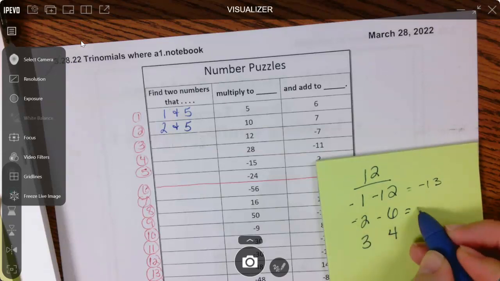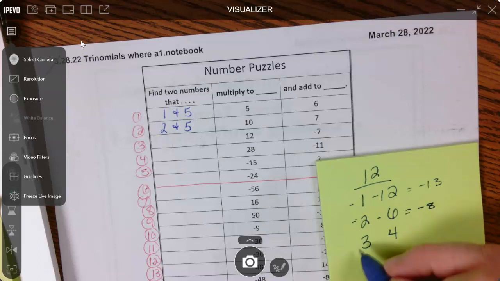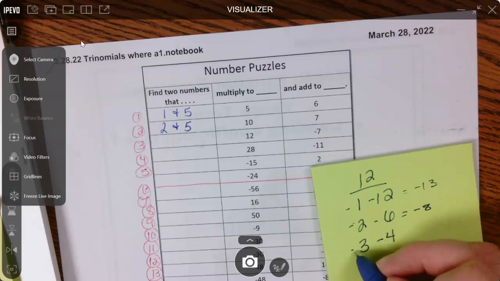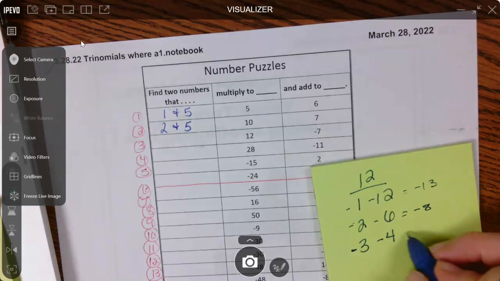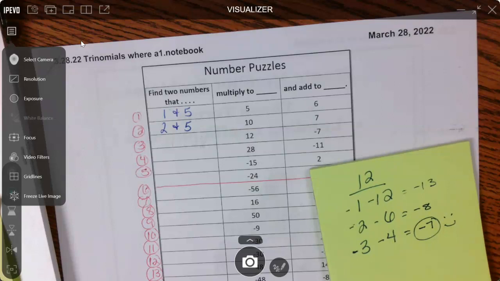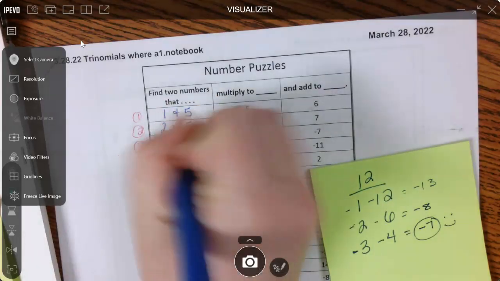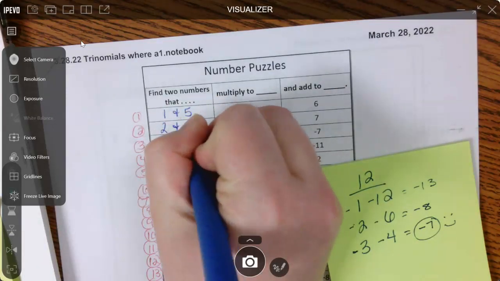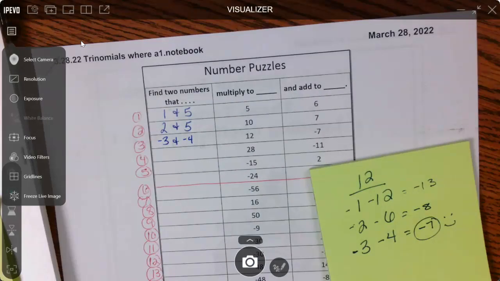They add to give you a negative 8. Negative 3, negative 4, again, multiplies to give you 12. But these actually add to give us negative 7, and that's what we are looking for. Okay, so we said negative 3 and negative 4. So that is a lot of what factoring trinomials involves, is coming up with factors.